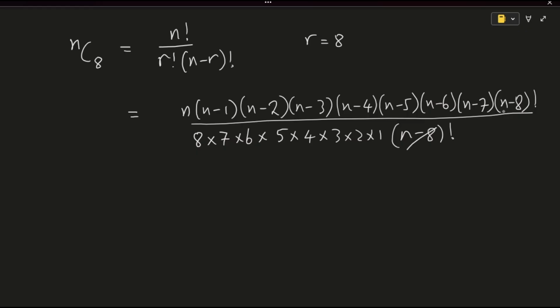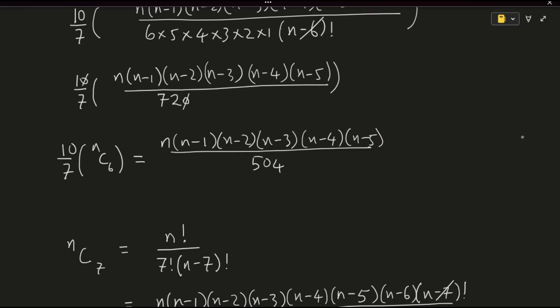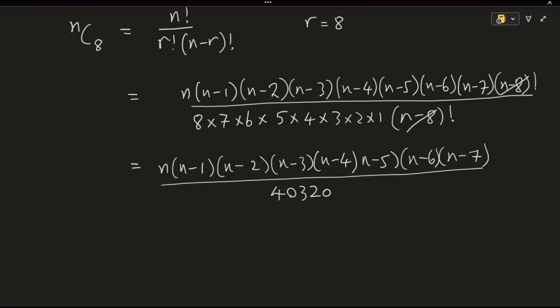So n minus 8 factorial are going to cancel out. So we're going to have, so now this is the expression for the first term, for the second term, and for our third term.